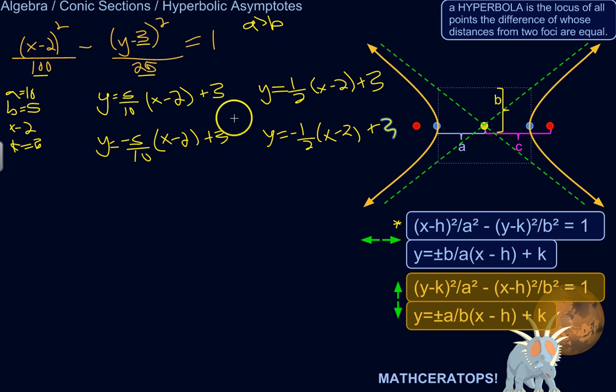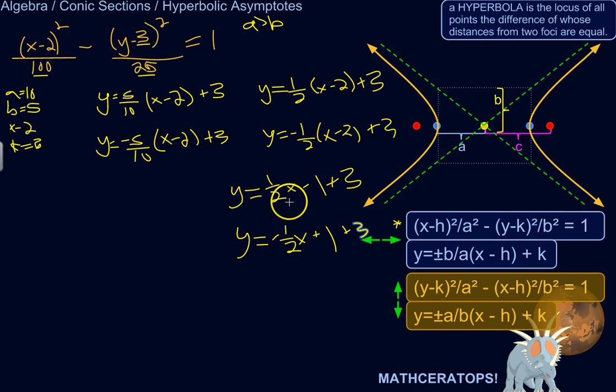So the first equation would be y equals 1/2 x minus 1, 1/2 times negative 2 is minus 1, plus 3. And then the other one would be y equals negative 1/2 x plus 1 plus 3. So y equals 1/2 x plus 2 would be the first one.